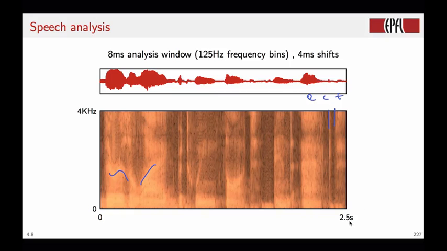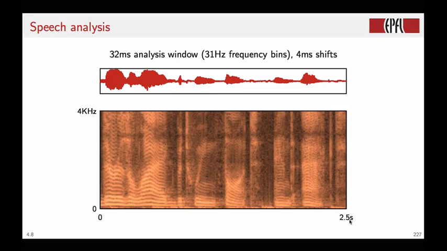If we use a narrowband spectrogram, so we increase the analysis window to 32 milliseconds, now we have a resolution of 31 Hz. And here we see the harmonic structure of speech. Here the focus is on the vowels, and here you can see that each vowel contains a harmonic structure that depends on the pitch of the vowel, and it will change from speaker to speaker, from male speakers to female speakers.